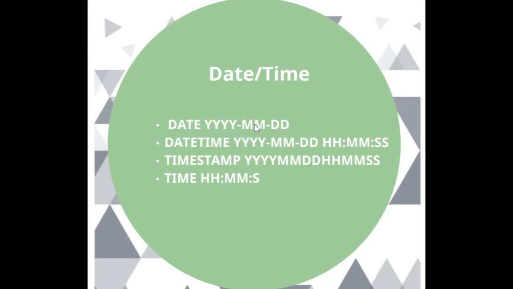Oh, and also there is a support range from the minimum to the maximum. For example, the year, it would go from a specific minimum year to a specific maximum year. Now that's something that you'll just have to look up yourself to see what it supports and what it doesn't.